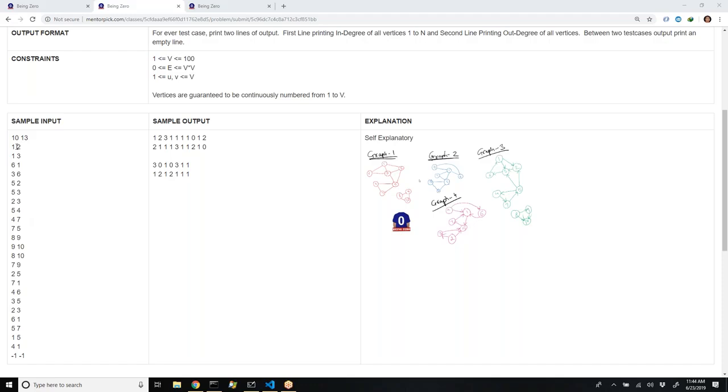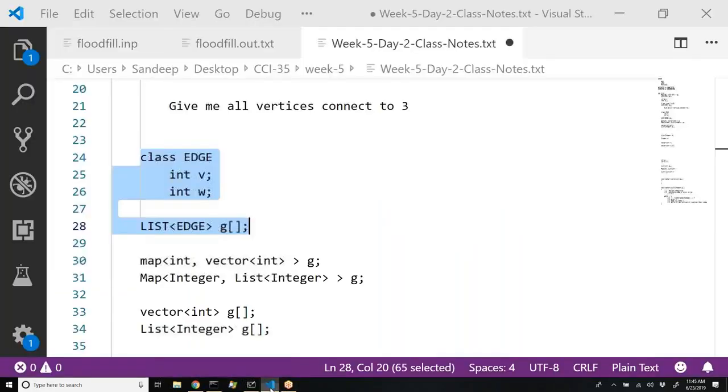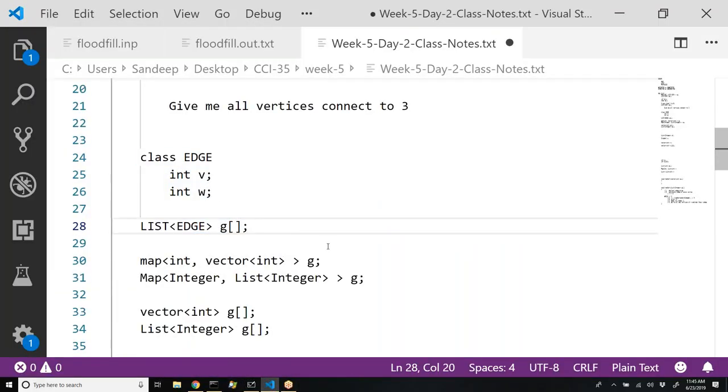In some problems, we will see in degree and out degree. As you said, just having edges, we can go and calculate the things. And we can put that in a note also. Here we can say it's a list of edges we are talking about, right?